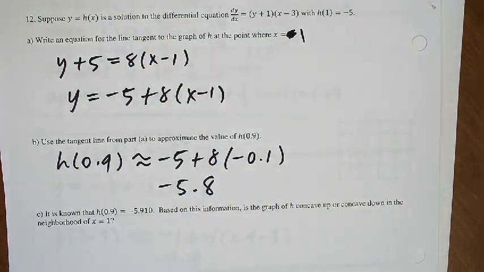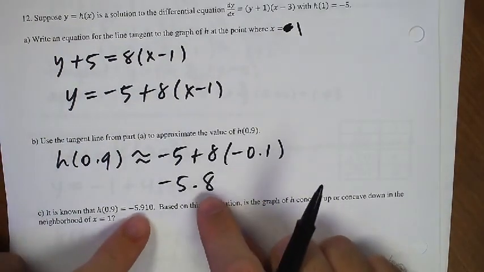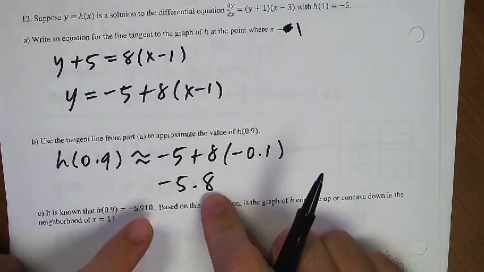It is known that h of 0.9 is -5.910. Based on this information, is h concave up or concave down in the neighborhood of x equals 1? Since they're both negative numbers, I'm just going to lay them out and be real clear about which one's greater. This one's greater because it's closer to 0.